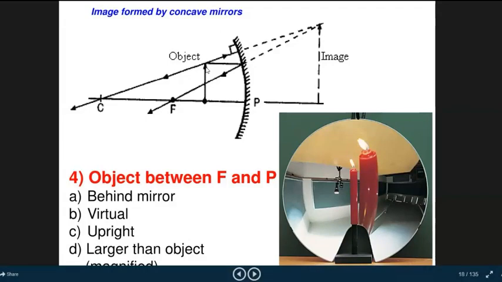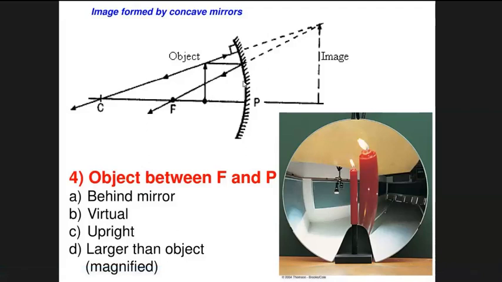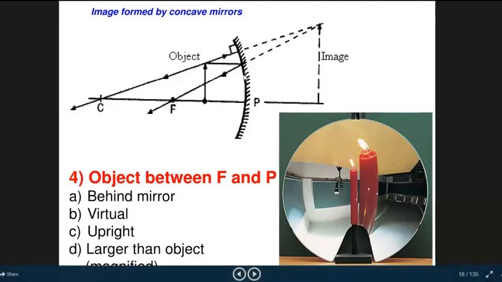Now the first special ray is drawn parallel to the principal axis. Then after reflection it passes through the focus like this. Here the second special ray cannot be drawn because the second special ray passes through the focus. So here we cannot use the second special ray. So the third special ray is used here.